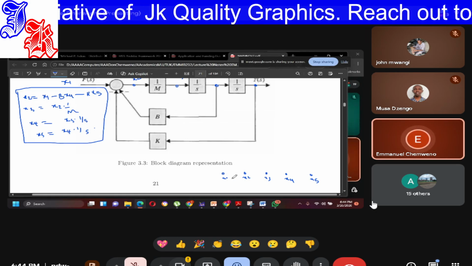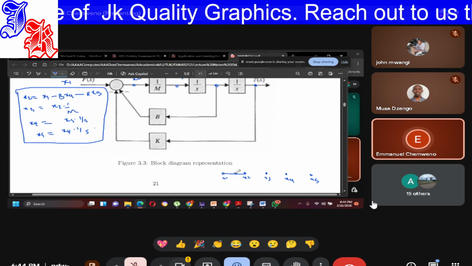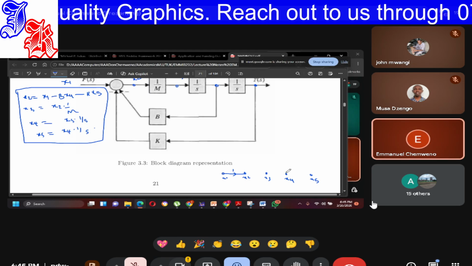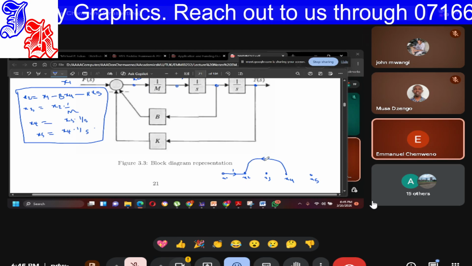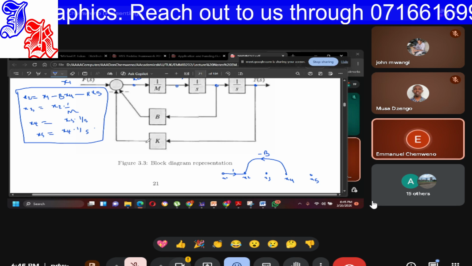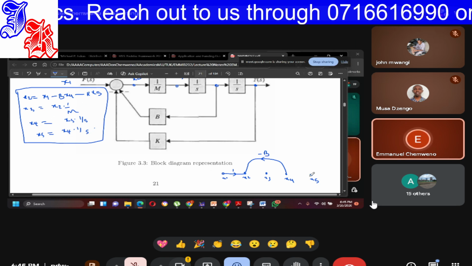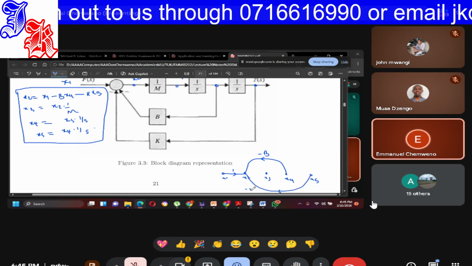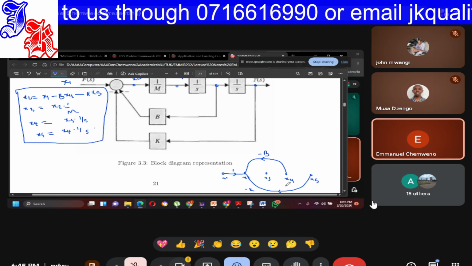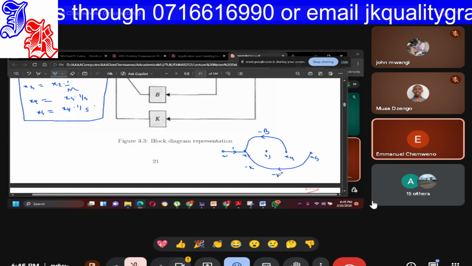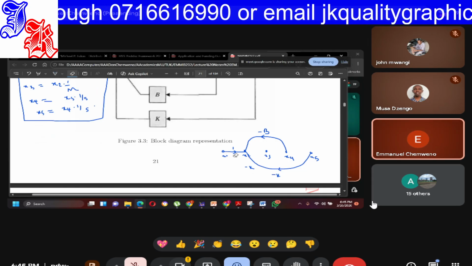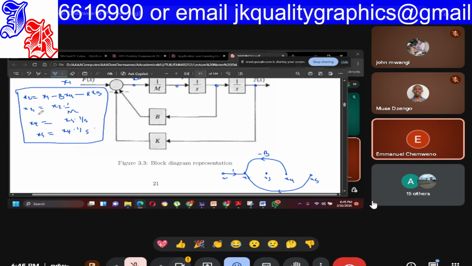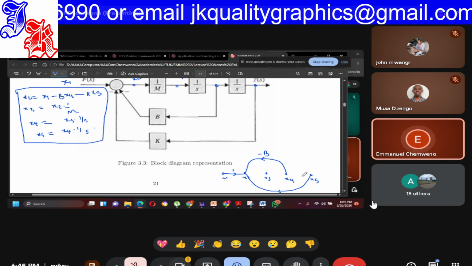So x2 is x1 with the magnitude of 1 minus b x4, so this x4, minus k x5. I can draw it here, minus k x5. x3 is x2 over m.